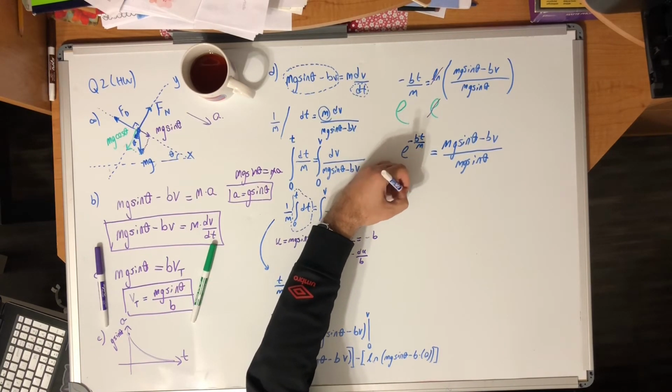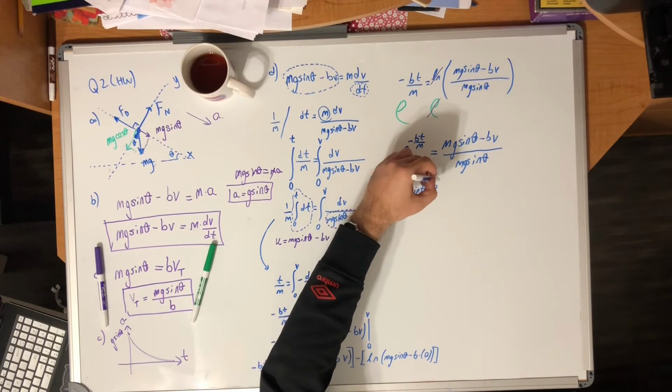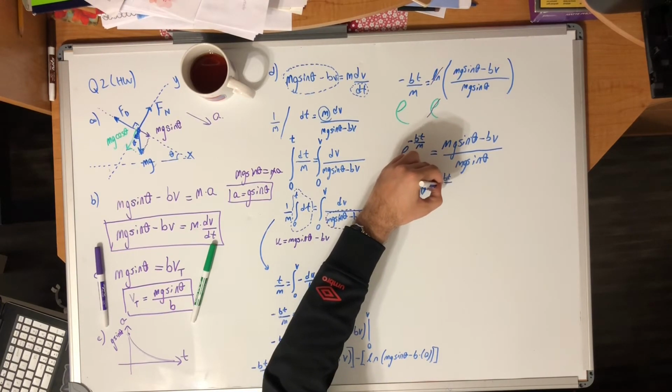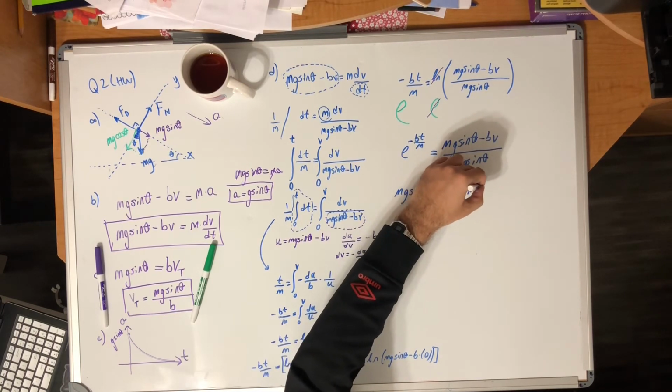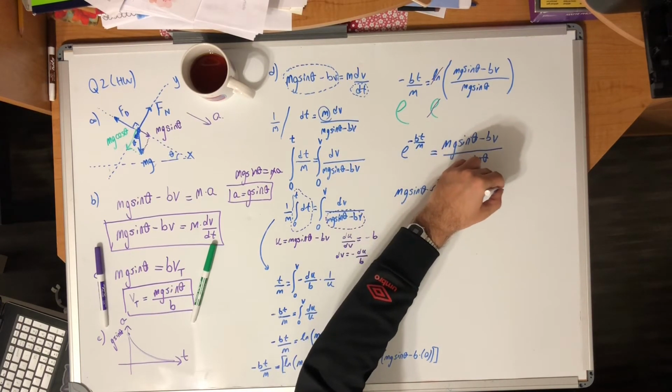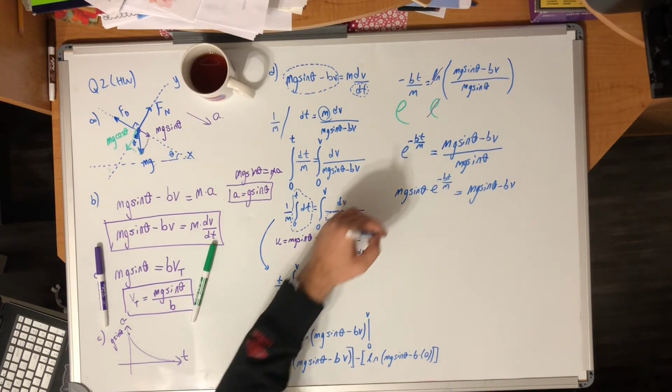So it's going to be mg sine theta times e to the power negative bt over m. And I got rid of this, and I have another mg sine theta minus bv. So now I need to get rid of that mg sine theta. To be able to do so, I need to subtract mg sine theta from both sides.